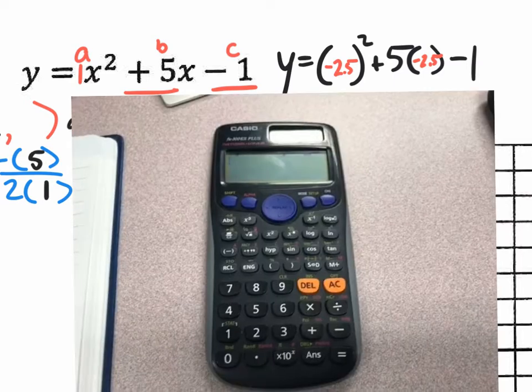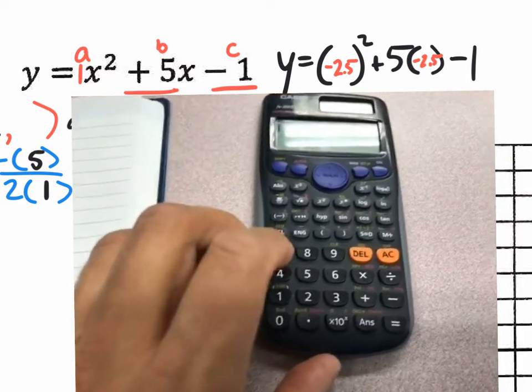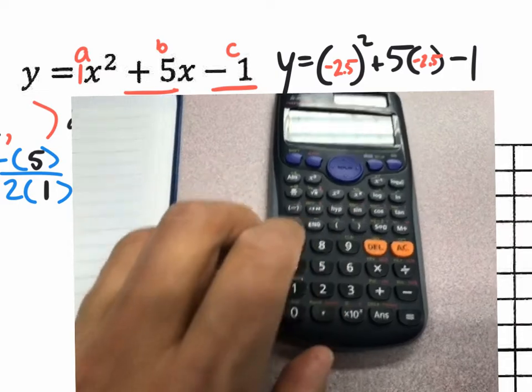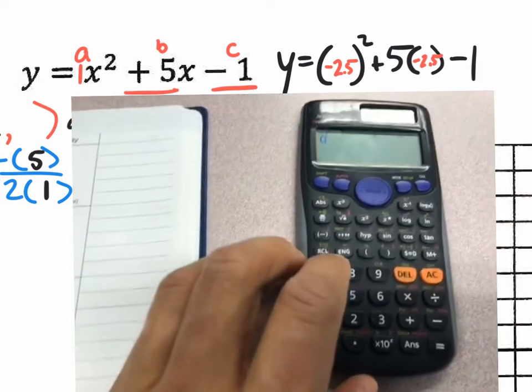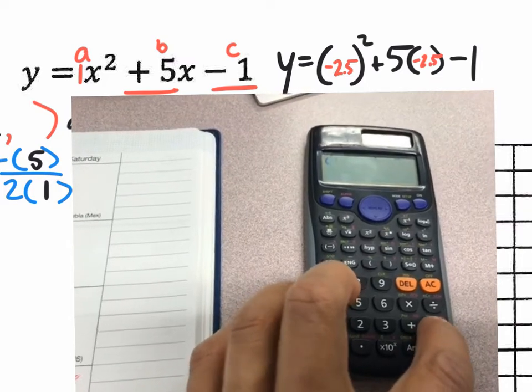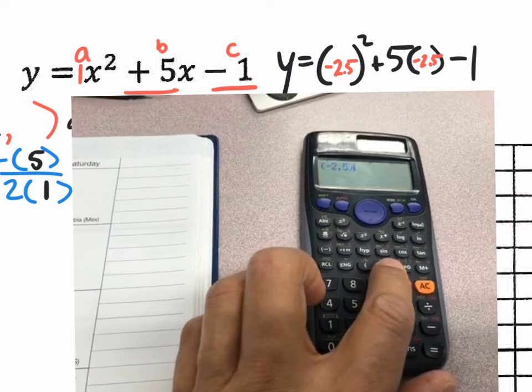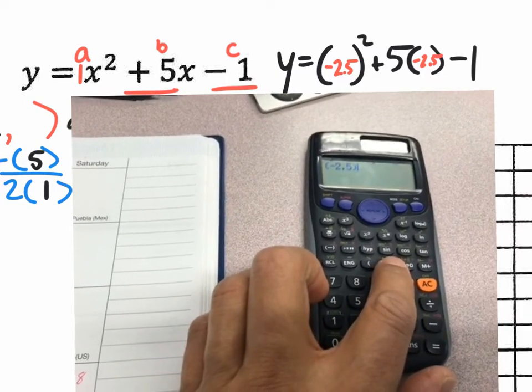Let me show you. So I apologize, it's going to be kind of shaky. We're going to do parenthesis, and the parentheses right here. And we're going to type in -2.5, and this calculator doesn't have a negative, so just put a -2.5 and then close parenthesis, and then we need it to be the second power.